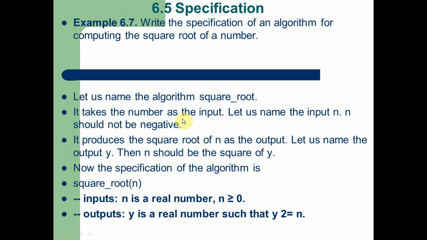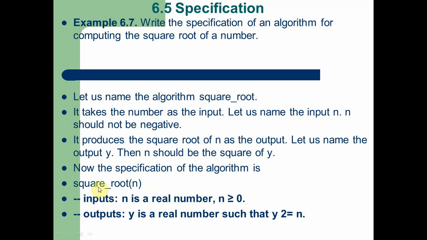This is the property of the input. So we can specify it like this: double dash inputs, n is a real number, n greater than or equal to 0. It means n should not be a negative number. This is the property of the input.